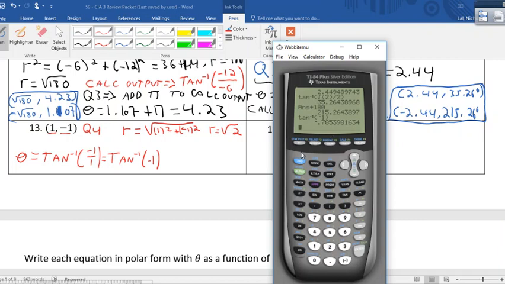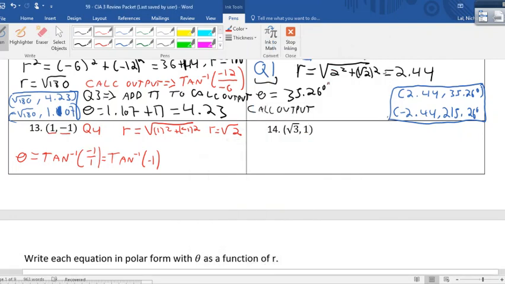If you have your unit circle memorized, the tangent of negative pi over 4, or 7 pi over 4, is going to produce a value of negative 1.